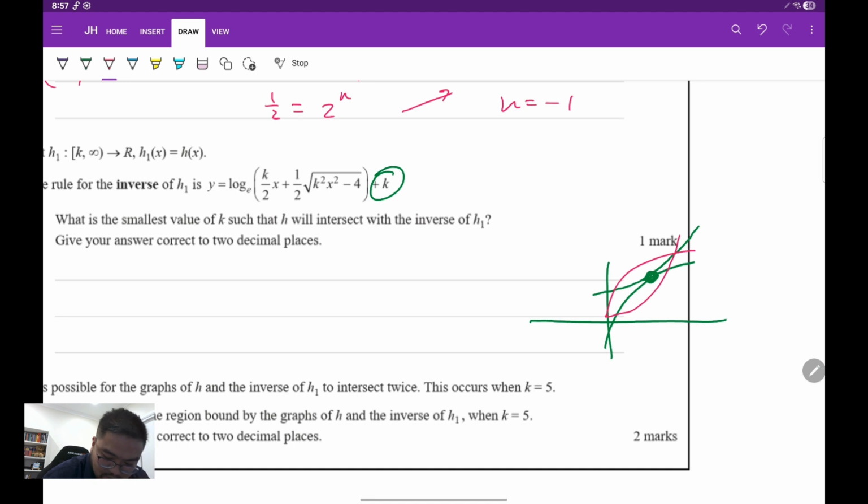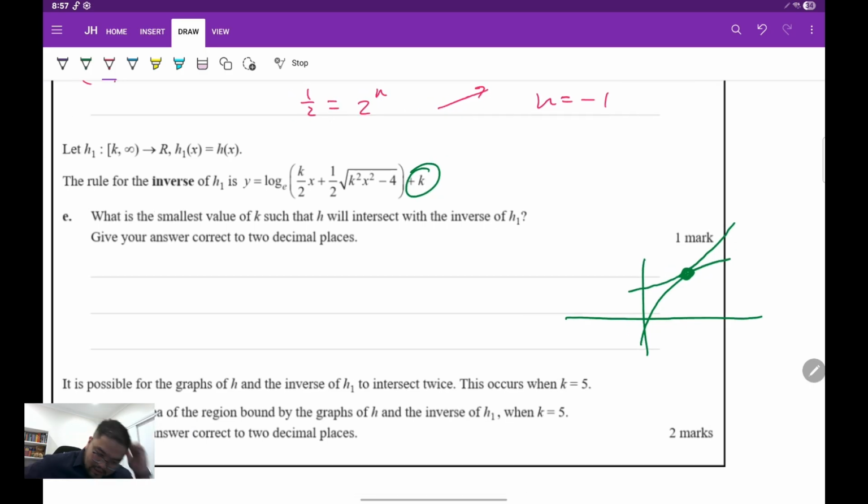So you want to transform the pink in a way that it eventually turns into that green and intersects only once. But we need to make sure we don't go too far with k, because otherwise they won't intersect at all. So I'm going to do this using sliders firstly, and I'm going to try a different approach at the moment.